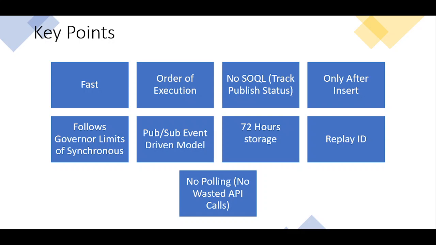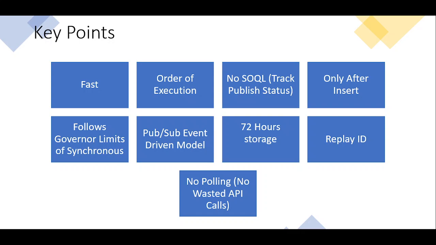Now another thing is it's a pub-sub, event-driven model, which we have seen in the previous slide. You can publish platform events, and for platform events you can also have subscribers. In the previous example slide, I gave you the example of MuleSoft, where you publish an event, the subscriber is MuleSoft, and MuleSoft will receive the event and then broadcast it to their subscribers.